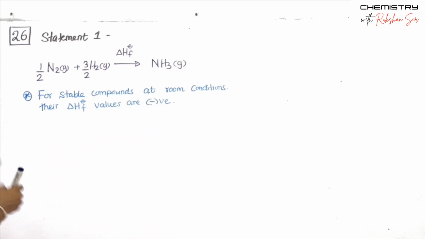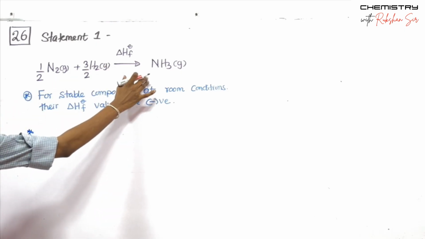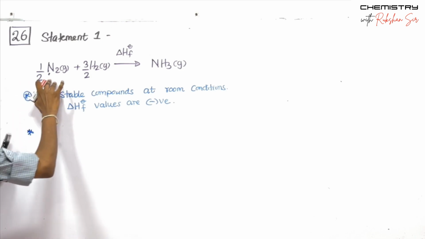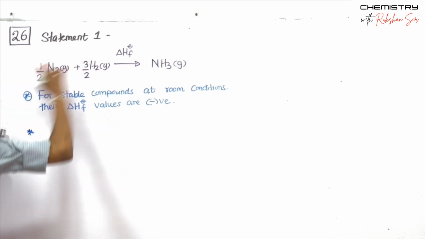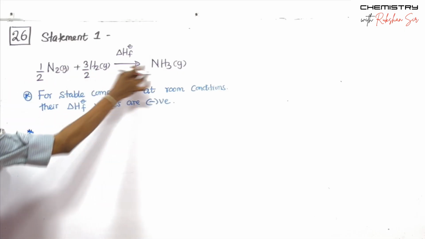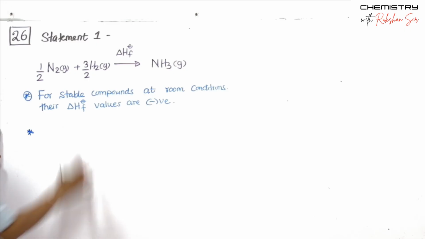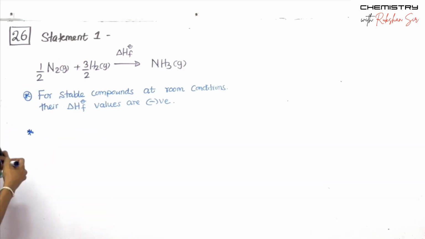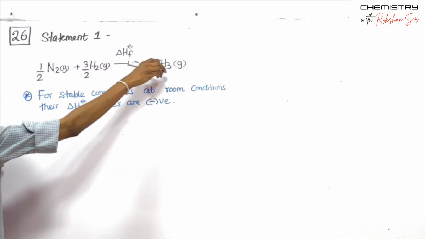What about the entropy change here? Going from reactants to products, what happens to the number of gas molecules? You have half and 1.5, that means altogether two gas molecules on this side, just one gas molecule here.